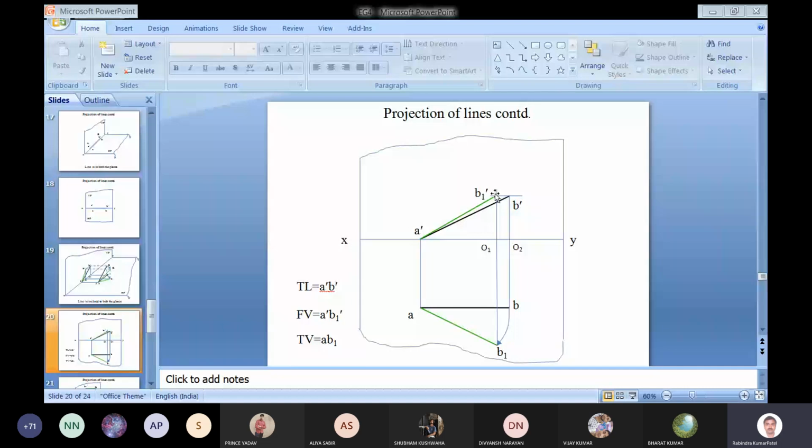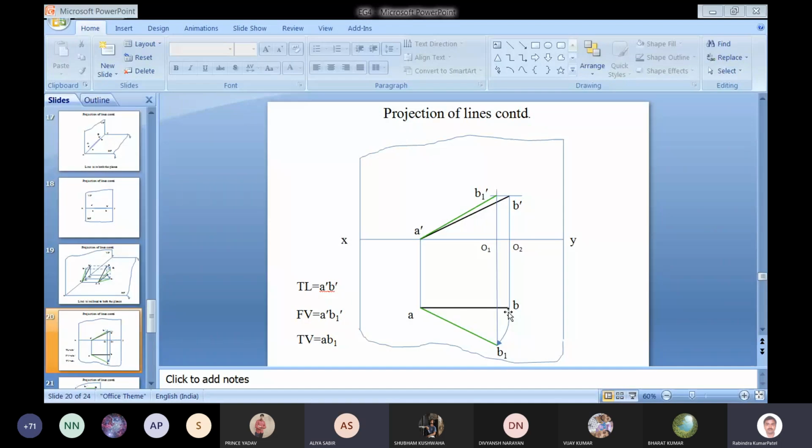So two projections are required, a b1 and A dash B1 dash. It is the helping step which we use normally. We will be given a true length and some projection dimensions, and with the help of the projection we can draw this horizontal line or rotate in this direction. We will see later on in the example.